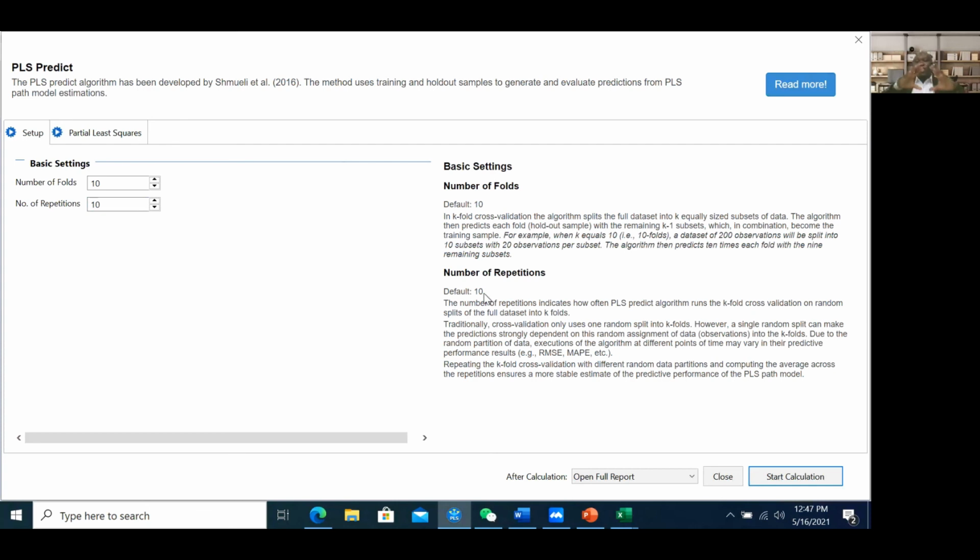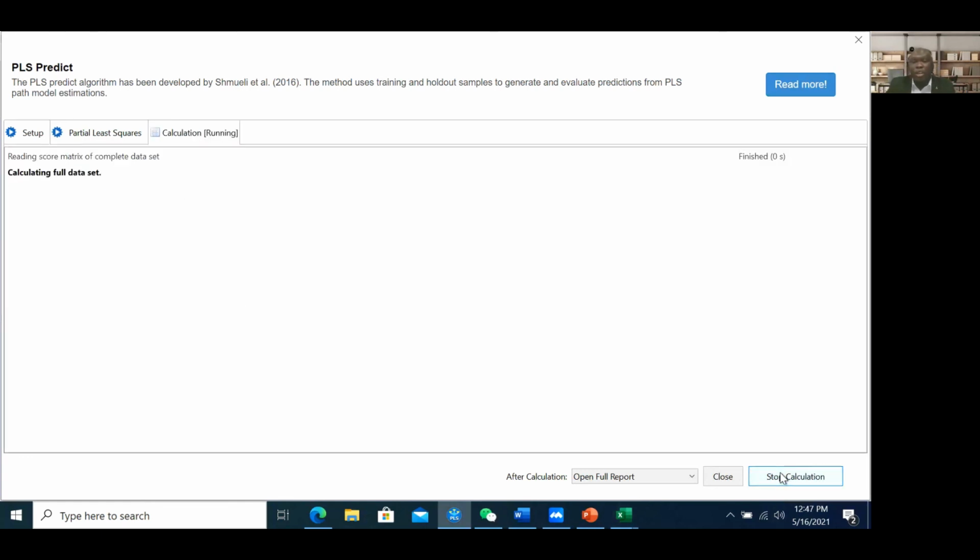Because it's a model you are building, it wants to run the iterations to the maximum number of times so that it reduces the error terms. The default value is 10, and it's recommended that you use the 10. You leave everything intact there, then you run the PLS Predict.